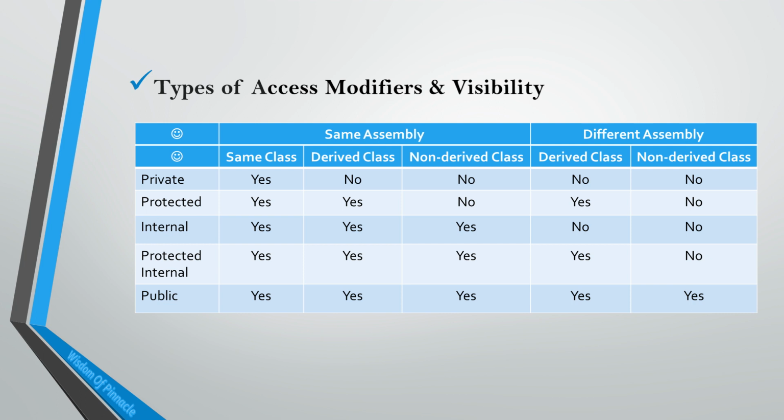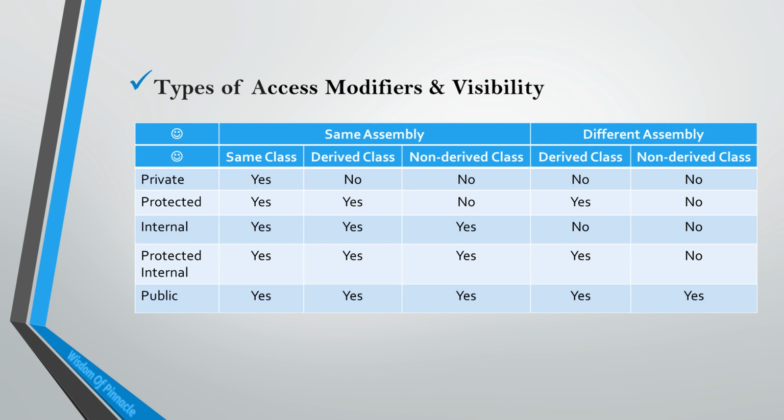Let us start with the private access modifier first. It is accessible only within the same class. Next, protected. It is accessible in the same class and in a derived class. The derived class can be present in the same assembly or in a different assembly. Next is internal.